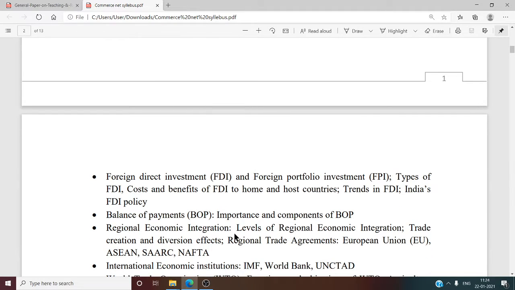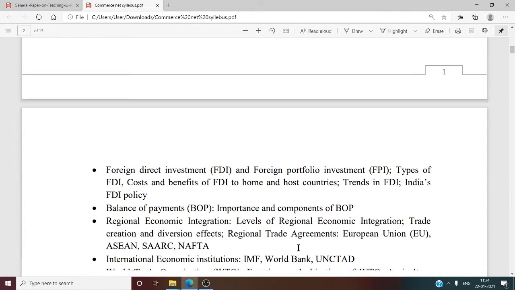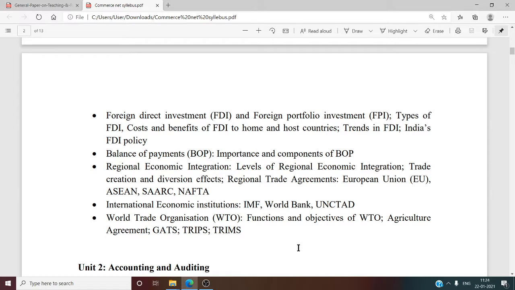That is foreign direct investment, foreign portfolio investment, types of FDI, cost and benefits of FDI to home and host country, trends in FDI, India's FDI policy, balance of payment, importance and components of BOP, regional economic integration, levels of regional economic integration, European Union, SAARC, NAFTA, ASEAN, international economic institutions, IMF, World Bank, UNCTAD, then World Trade Organization, TRIPS, TRIMS, GATS. These are all the things you have to know before going to the examination. So this is chapter number 1.